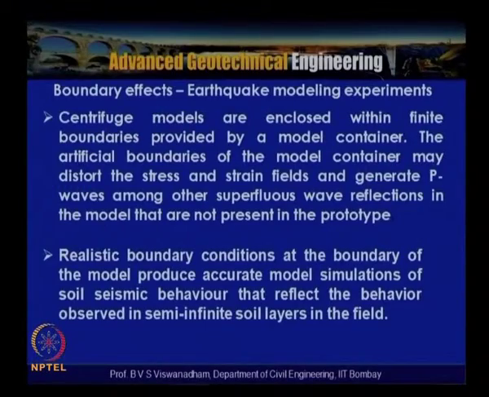The centrifuge models are generally enclosed with finite boundaries provided by a model container, and the artificial boundaries of the model container may distort the stress and strain fields and generate P waves among other superfluous wave reflections in the model, that are not present in the prototype.